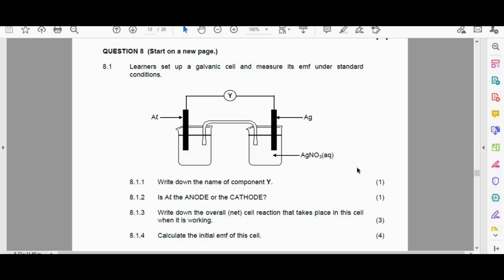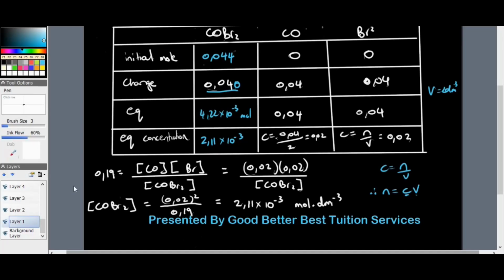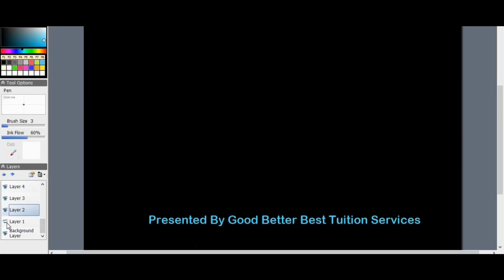Question 8.1.3 wants us to write down the overall net cell reaction that takes place in the cell when it is working. This is a nice question. Okay, let's get it going. So, I have a table with me. And so we mentioned that for the anode, it was aluminium, so at the anode we have Al.